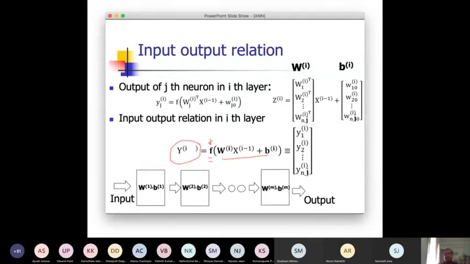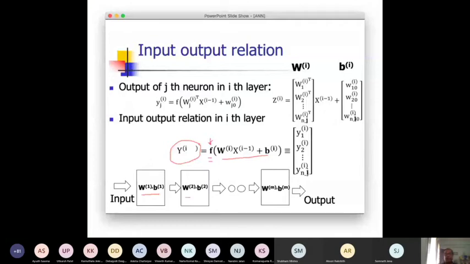So finally, as you can see in a simplified representation of this computational model, each layer is represented by a weight matrix and also a bias column vector. Each layer will have these things.